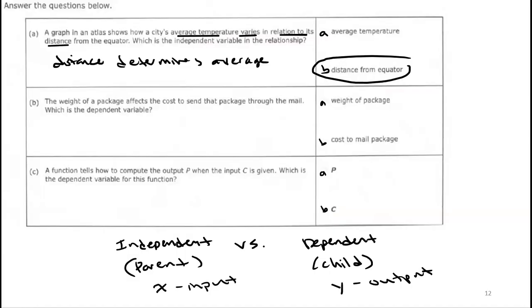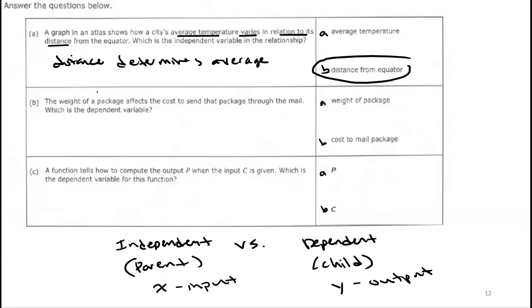Let's look at the second one. It says the weight of a package affects the cost to send that package through the mail. Which is the dependent variable, the weight of the package or the cost to mail the package? The key part here is, what is being affected, the weight or the cost?